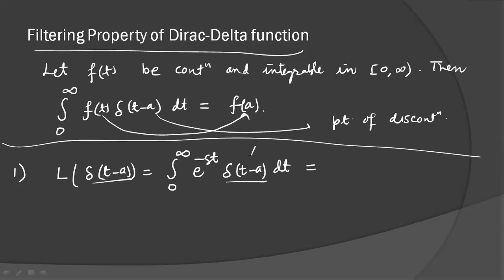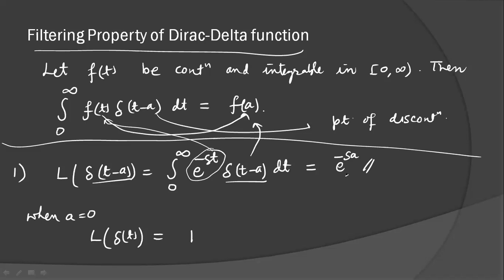If you compare with the filtering property, what is your f(t) here? f(t) is e to the power minus st, and you want f(a), which becomes e to the power minus as. So the Laplace of delta(t minus a) is e to the power minus as, obtained by the filtering property. When a is 0, the Laplace of delta(t) is 1, because e to the power 0 is 1. So this is another use of the filtering property.